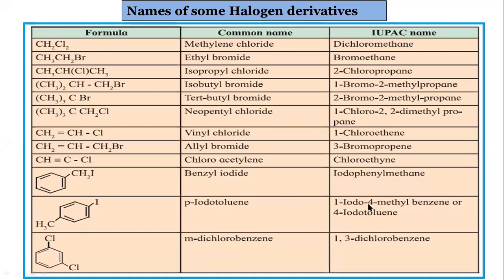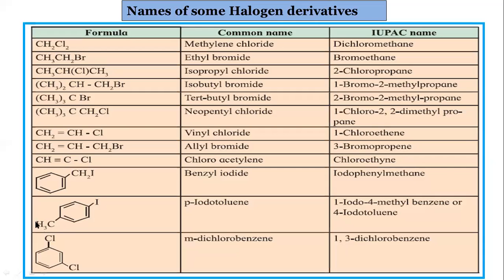And the IUPAC name is 1-iodo. If this is considered for IUPAC naming, according to alphabetical order, iodine comes first. That's why it is 1-iodo-4-methylbenzene, or 4-iodotoluene. If this is considered as toluene, it will be number 4.